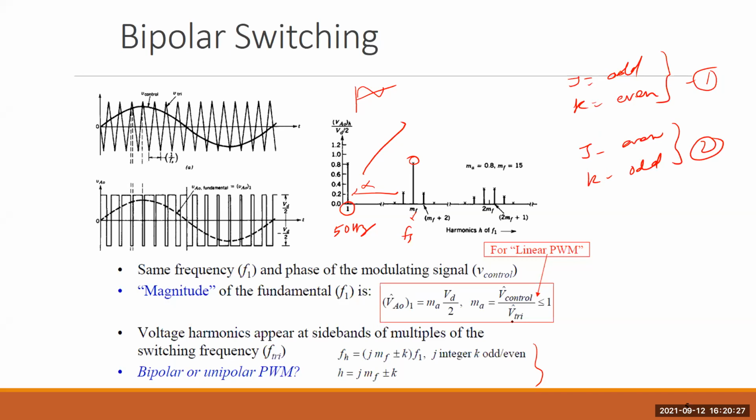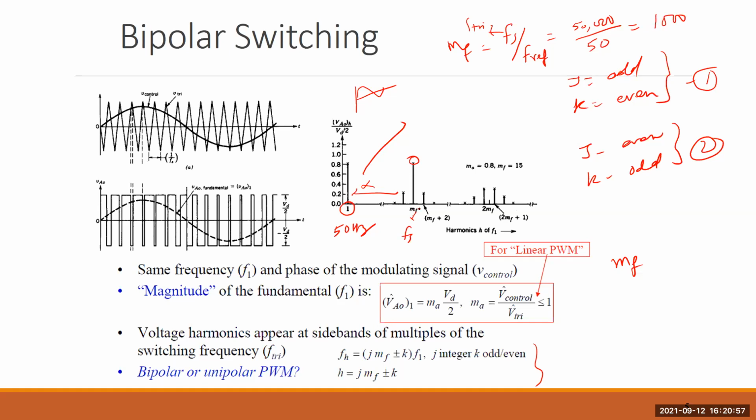So suppose J is odd, suppose J is 1. So 1 into MF is MF. What is MF actually? MF is the switching frequency divided by the reference frequency. For example, suppose the switching frequency, or the triangle carrier frequency, is 50 kilohertz and the reference sine waveform you want is 50 hertz, then this is 1000.